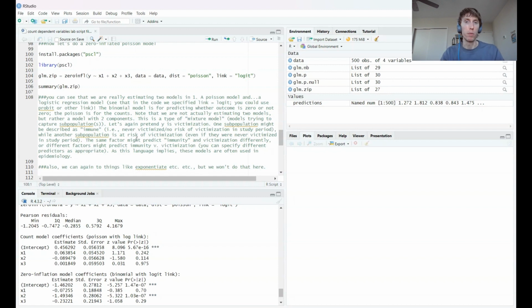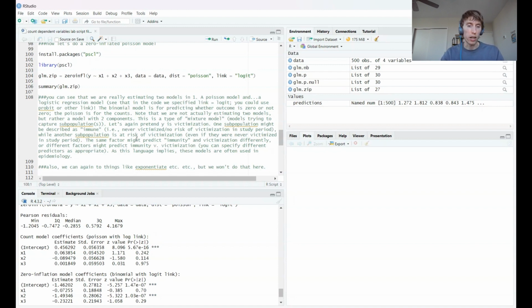And I already mentioned that you might see just one variable have a relationship to the count part, and then kind of a different, or maybe initially counterintuitive, relationship to the probability of being 0. Well, you can also specify independent variables that maybe only relate to one thing.